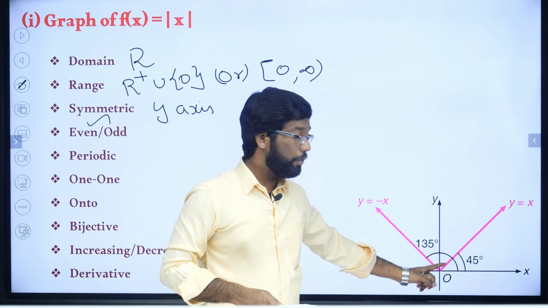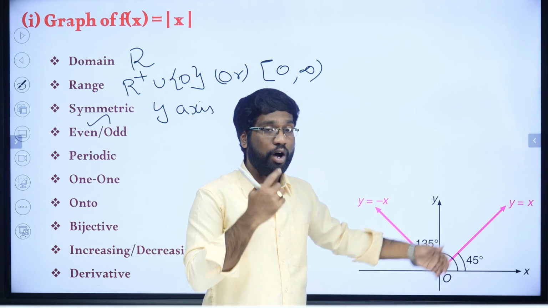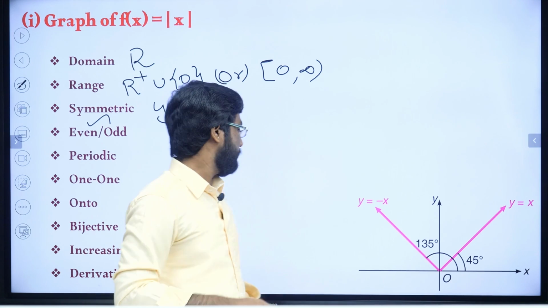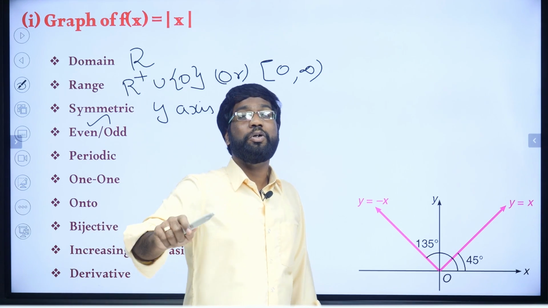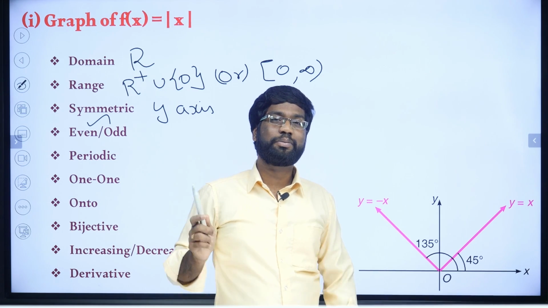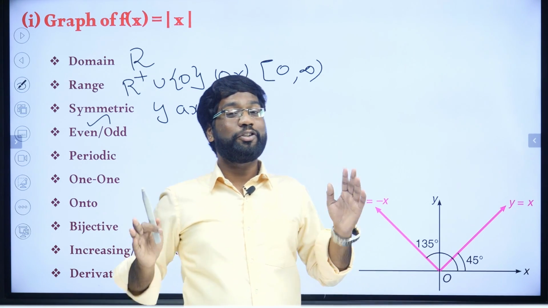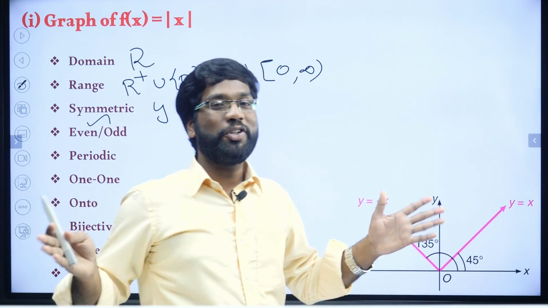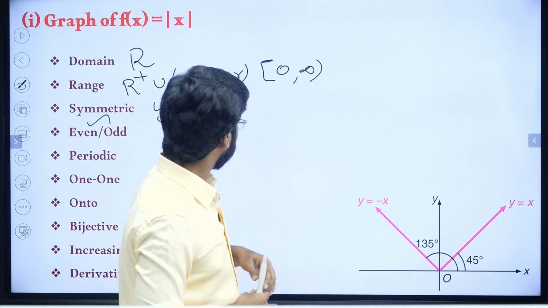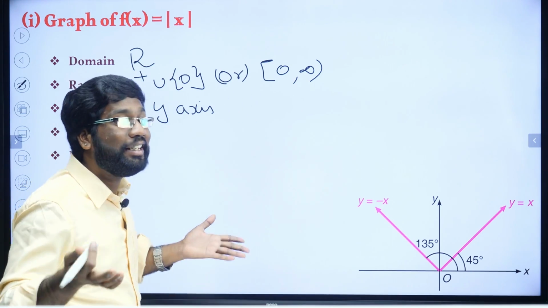If it is symmetric about opposite quadrants or origin, then that function is an odd function. If you have a doubt, please check it, my dear students. Otherwise, go and watch the first lecture. In that lecture only I explained in brief, so it took me so much time, my dear students. I have explained for nearly half an hour. That is also for the identity function.